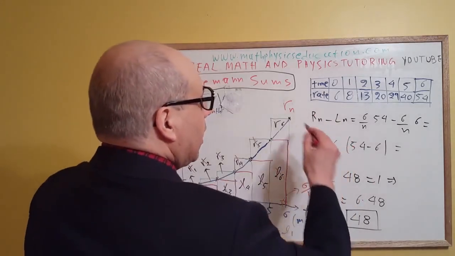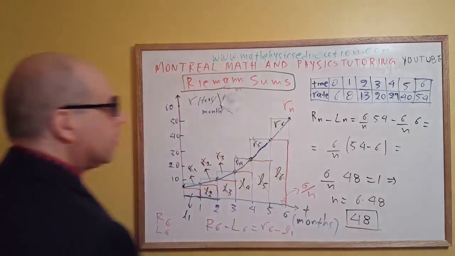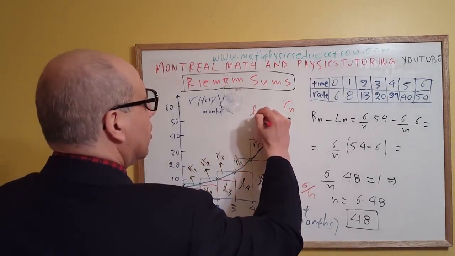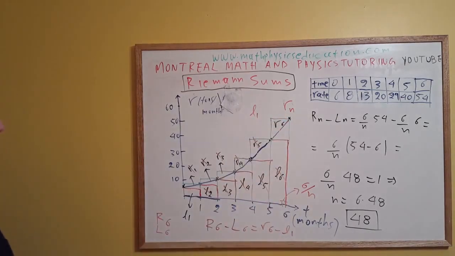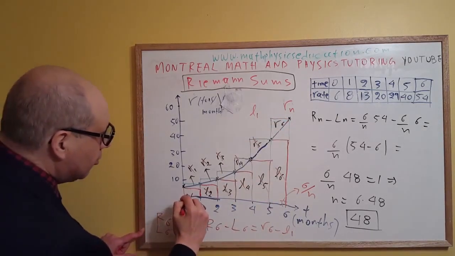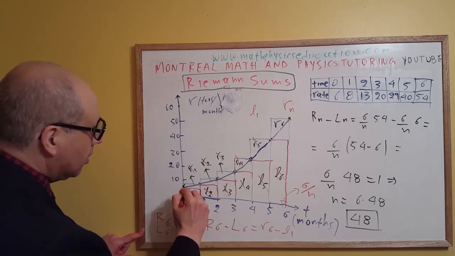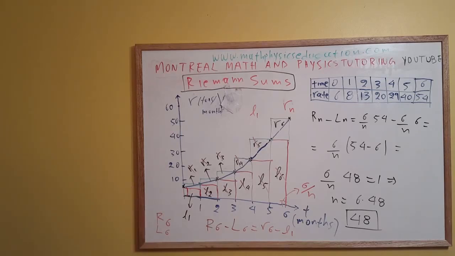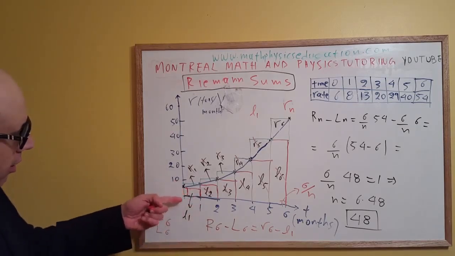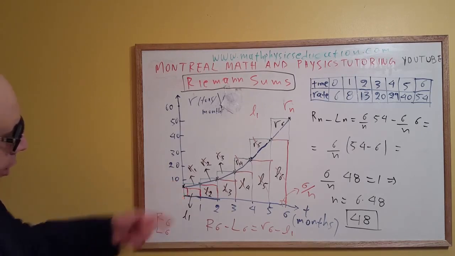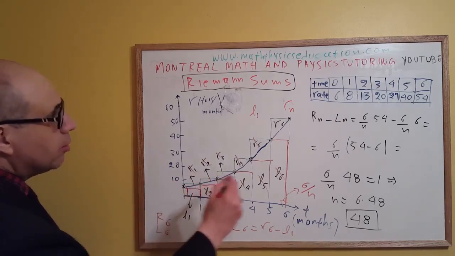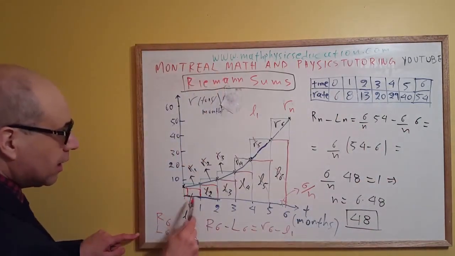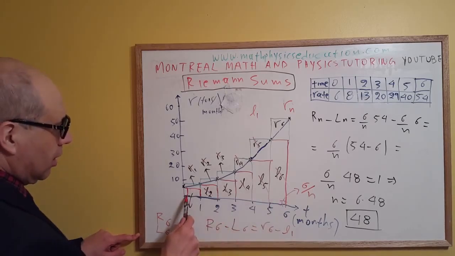So that's the Rn. And the L1, how much will it be? Again, this rectangle here, since it's a rectangle, the area is length times width. The length will be 6, and the width is again this interval, which is 6 over n.